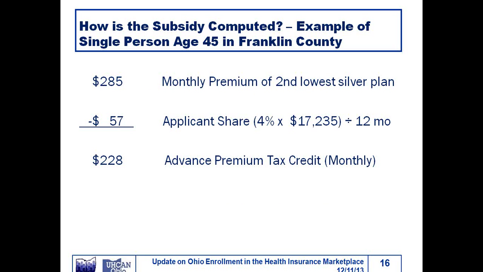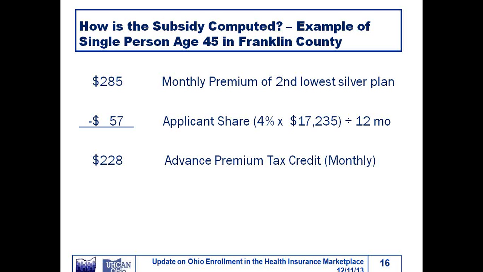How is the subsidy computed? Okay. First, keep in mind that the cost of health coverage in the new marketplace will vary by your age and where you live and whether you smoke.